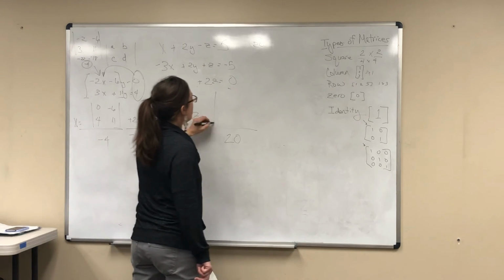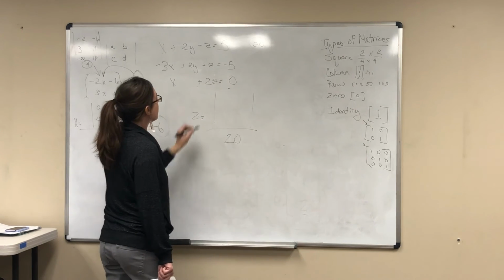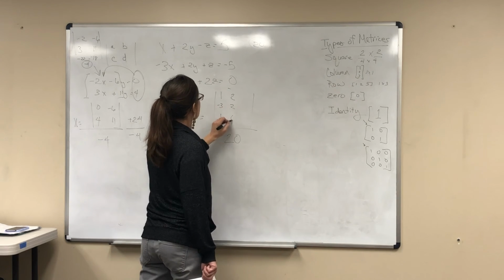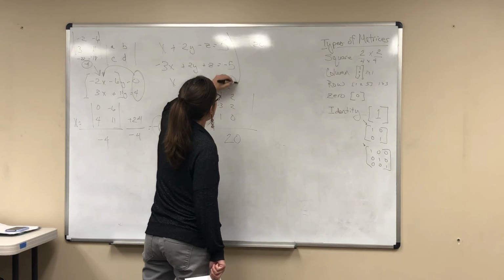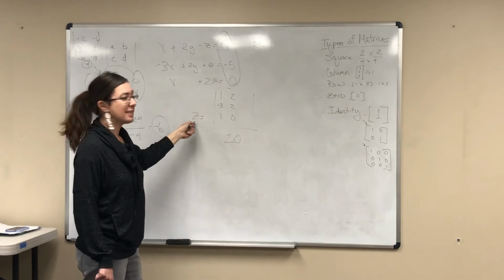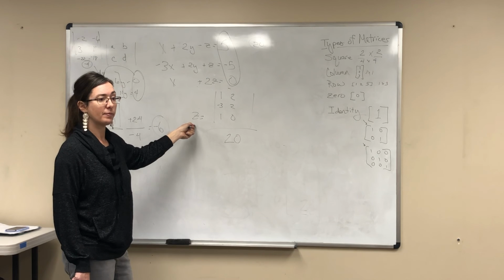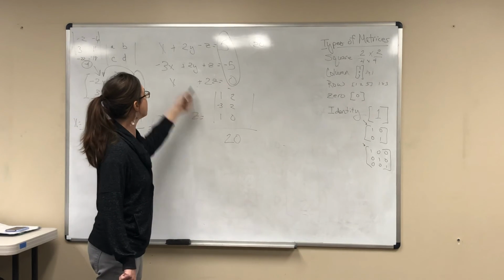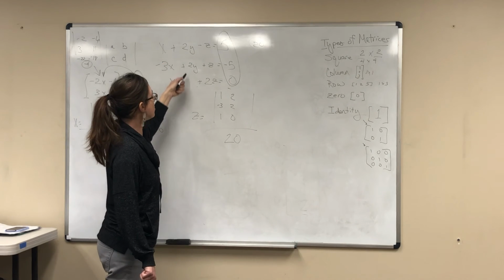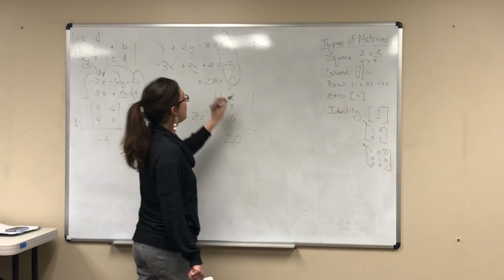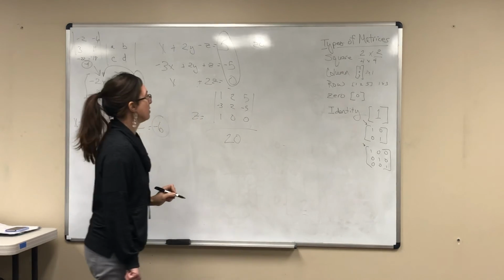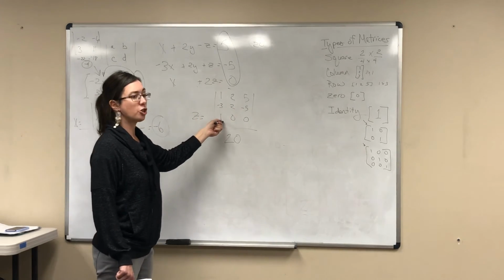My new matrix on the top, I'm going to take my answers and plug them into my z column. So x stays the same, 1, negative 3, 1. Y stays the same, 2, 2, 0. Z now becomes 5, negative 5, 0. And I'm going to find the determinant of this.